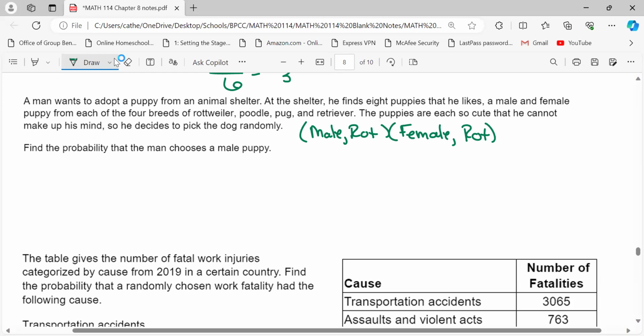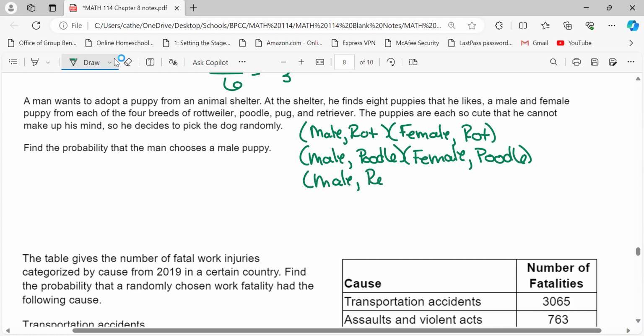Then we have a poodle, a male poodle and a female poodle. And then finally we have a retriever, a male retriever and a female retriever.